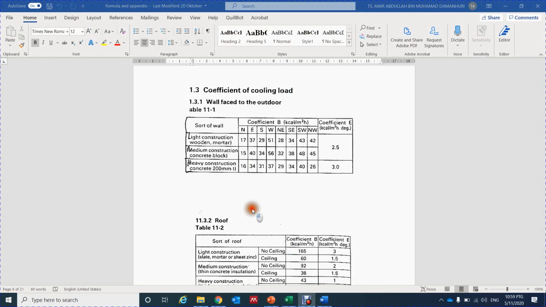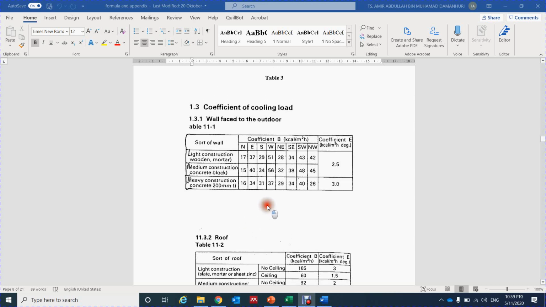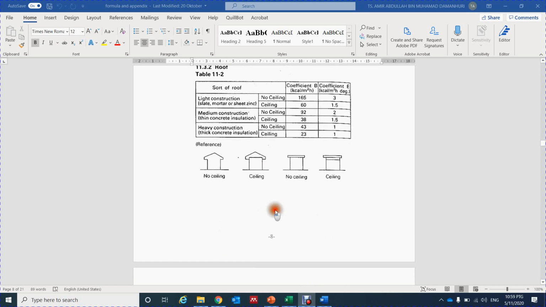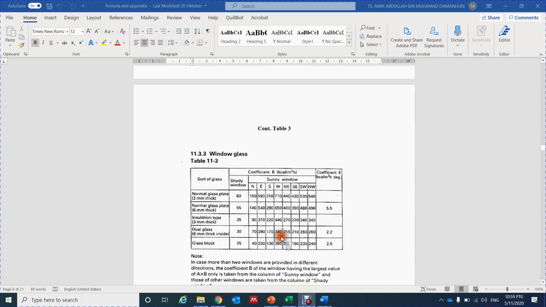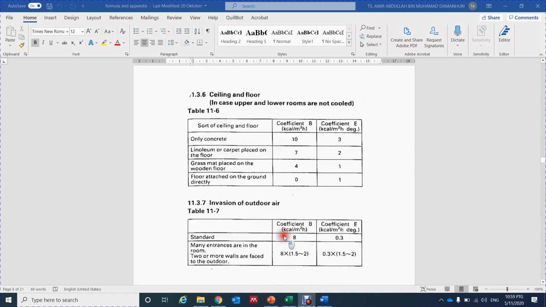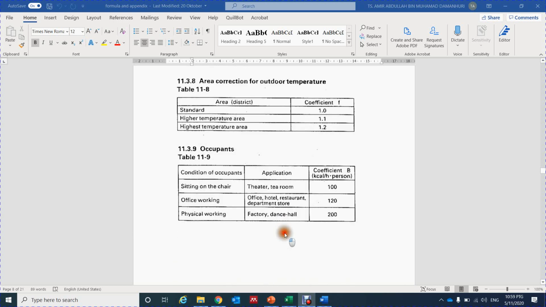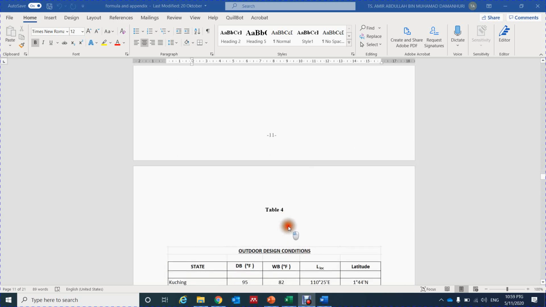Now please look into the formula and appendix that I've uploaded, and look at pages 8, 9, 10, and 11.